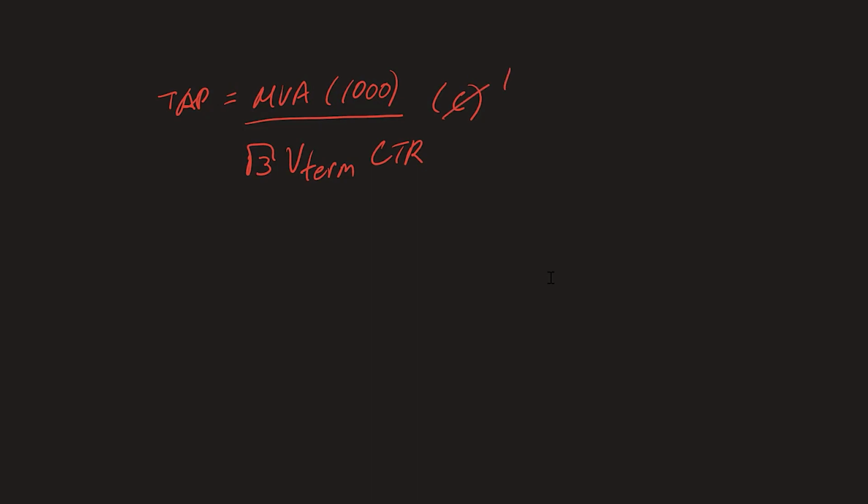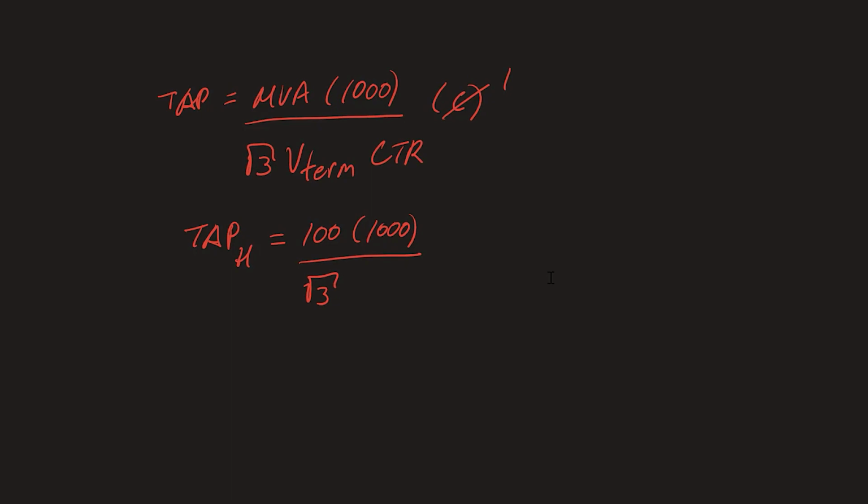So now we can calculate this for the high side winding. So we're going to have that the tap on the high side, so let me call this tap H, is going to be MVA, which in our case is 100. So we have a 100 MVA transformer times 1000 divided by the square root of 3 times the voltage of that winding in kV.